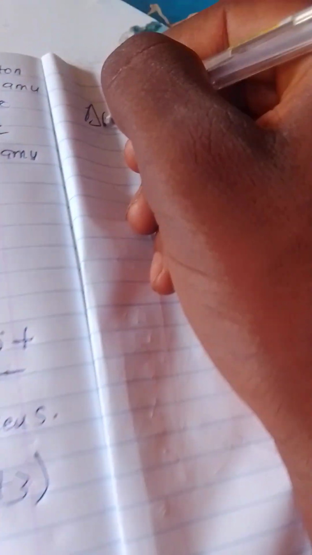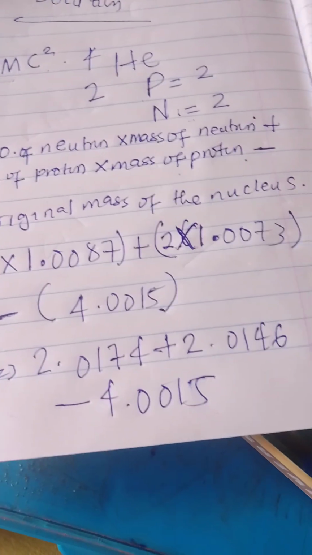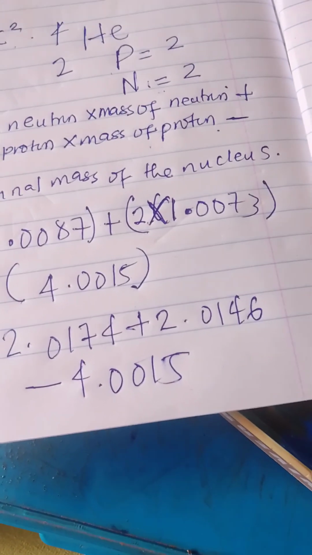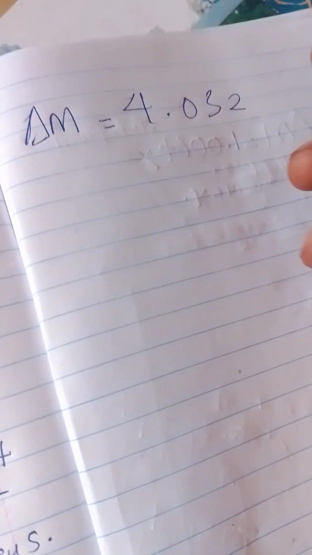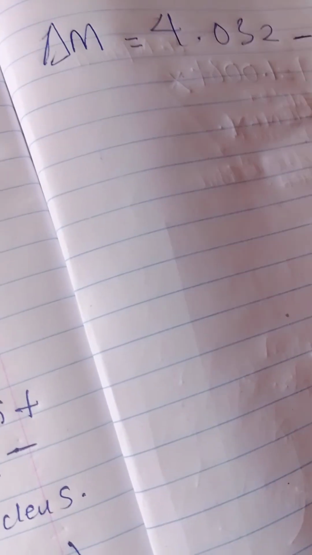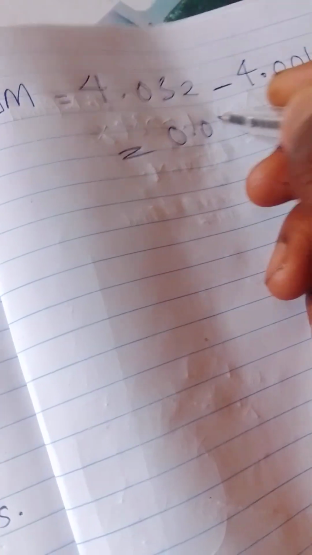Now if I add 2.0174 plus 2.0146 together, I'm going to get 4.032, minus the original mass 4.0015. So I'm going to get 0.0305 AMU.